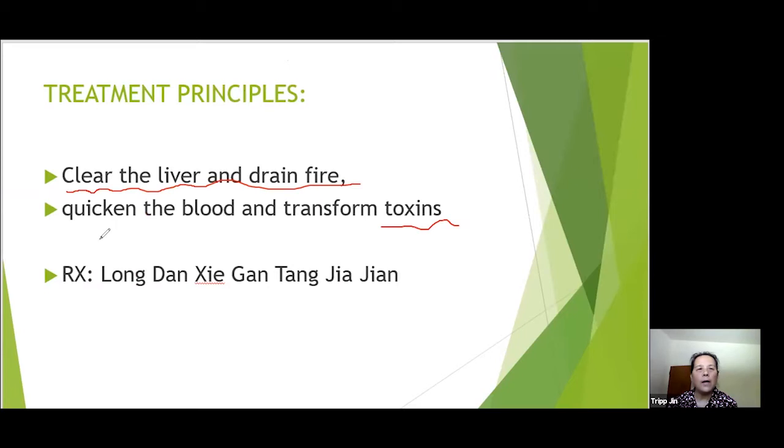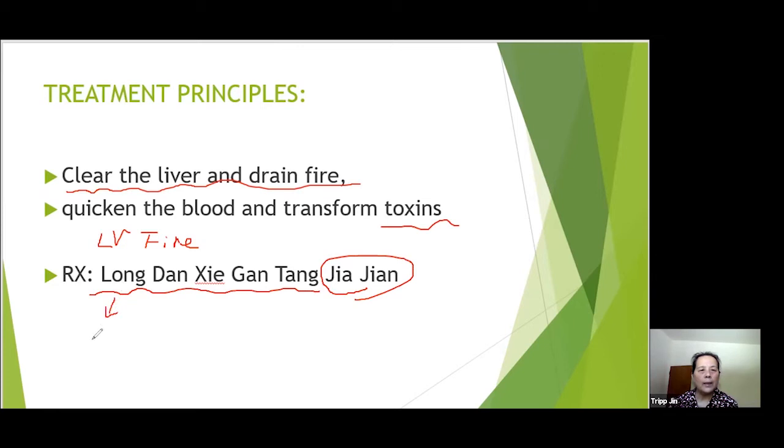For a liver excessive heat or liver fire condition, we have a typical formula called 龙胆泻肝汤. We can modify the formula, but the original formula is 龙胆泻肝汤.